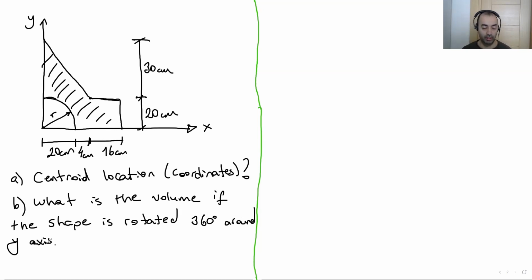Here we are going to do the centroid calculation, then a volume calculation.